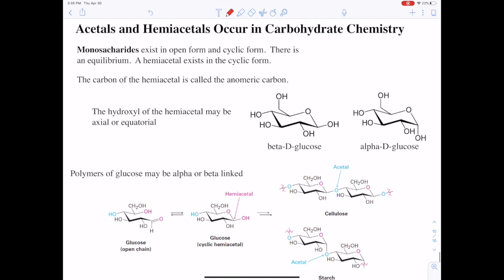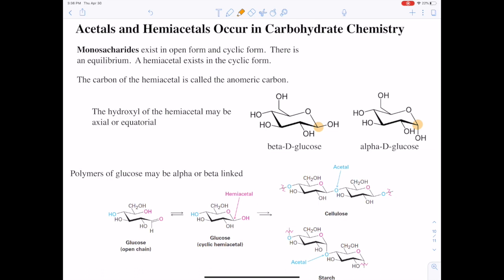And so we talked about this with carbohydrates. When you look at the cyclic form of a carbohydrate, you see what's called the anomeric carbon, where that OH, in the open chain form, is the aldehyde or ketone. Since it's glucose, it's the aldehyde carbon. And one of the oxygens that was an OH reacted in this fashion with the carbonyl carbon and formed a ring.